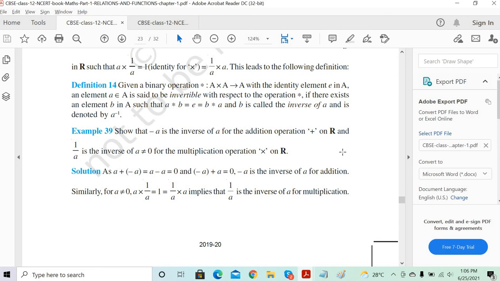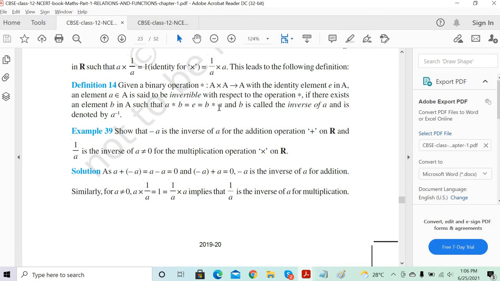Where did b come from? B comes from the definition: a star b is equal to e is equal to b star a. So b is called the inverse of a.